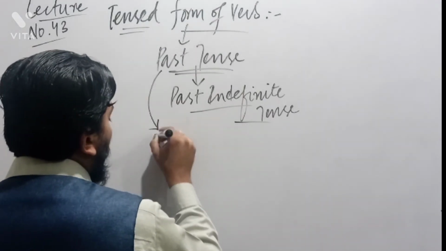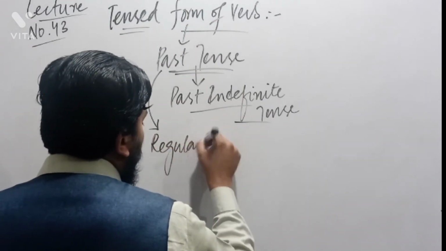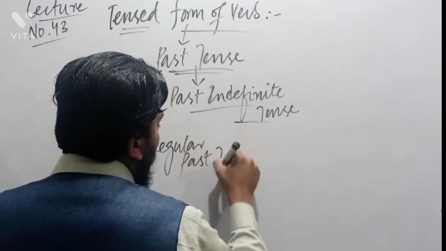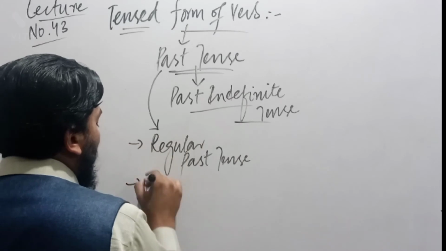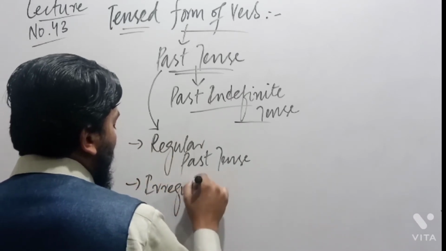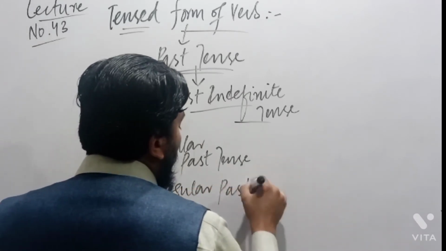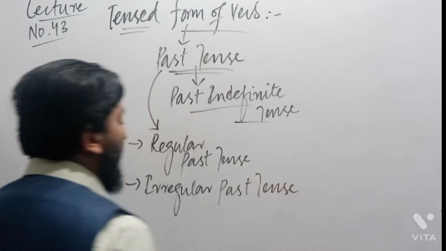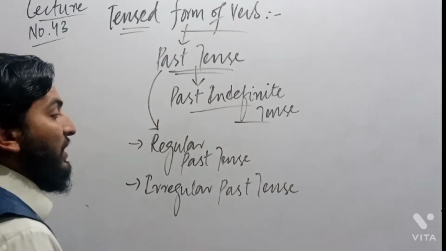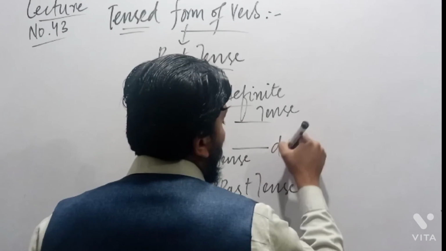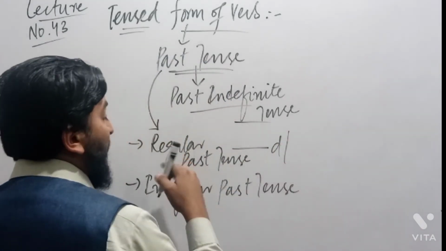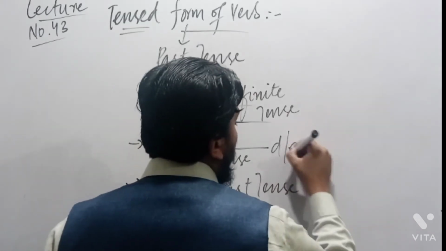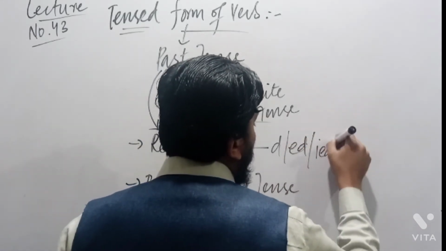One is called regular past tense. Tense here means regular past form of verb, and the second one is called irregular past tense or irregular past form of verb. When I say regular past tense, that tense which is changed from first form, which means which is changed from present tense into past tense with the help of d, ed or ied.